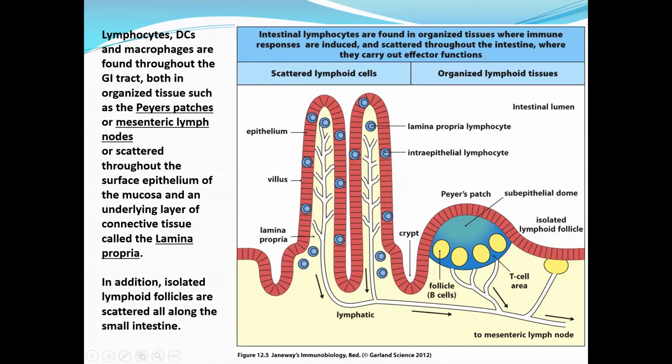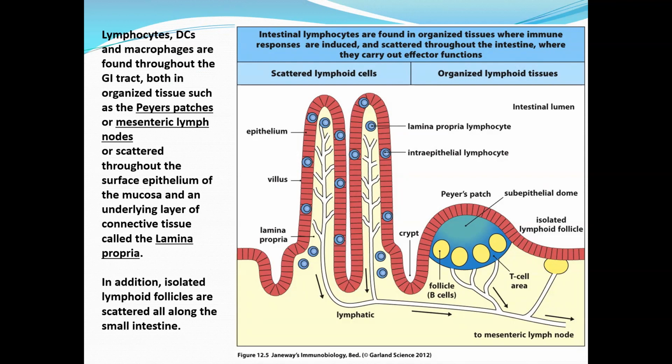Also an important feature are isolated lymphoid follicles, which are individual lymphoid follicles containing mostly B cells. And these function just like the lymph nodes in the general systemic system. But these follicles don't require T cell help.